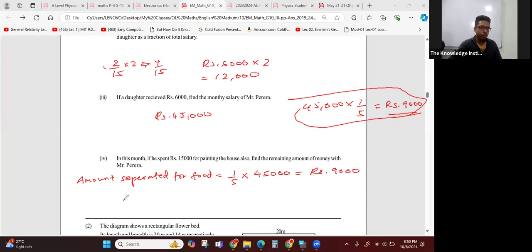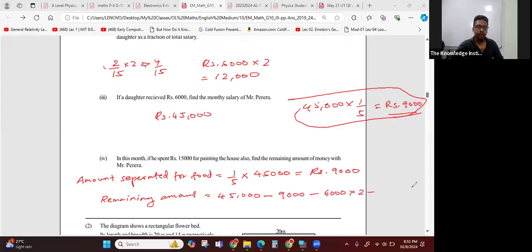So the final remaining amount, or the final balance with Pereira: initially he had 45,000. From that, he allocated 9,000 for food. And then for both of his daughters' education, 6,000 into 2.